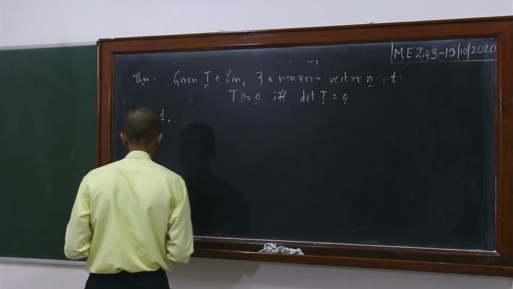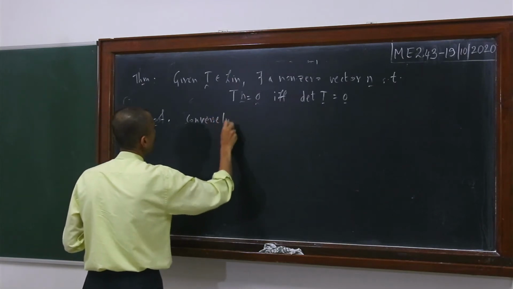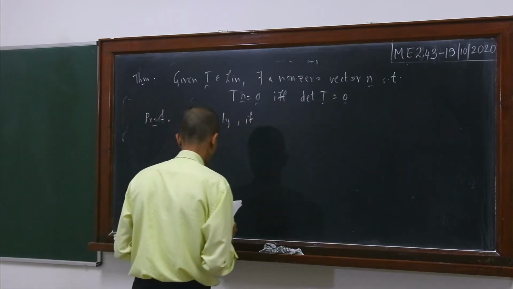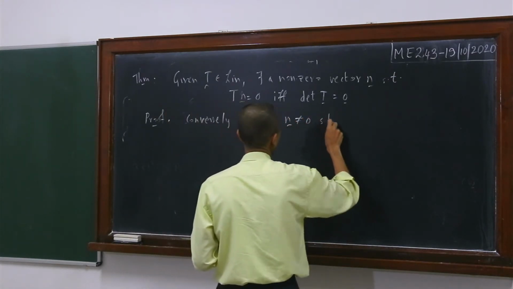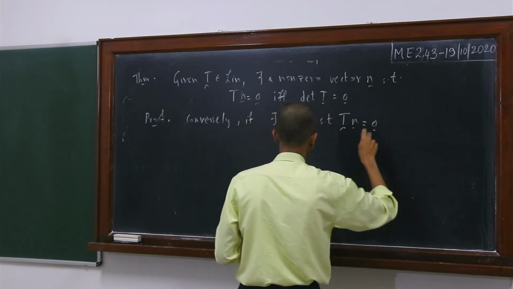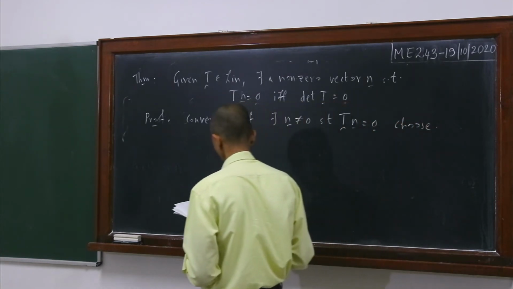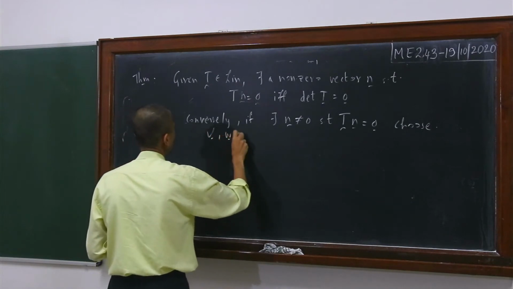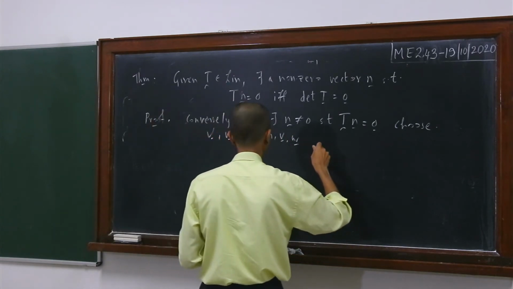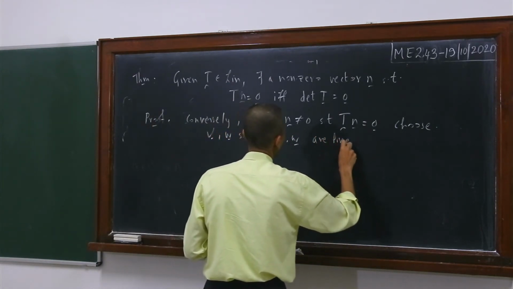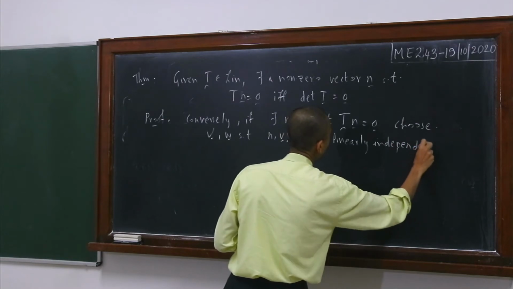Conversely, if there exists n not equal to 0 such that Tn is equal to 0, then choose V and W such that n, v, w are linearly independent, right?